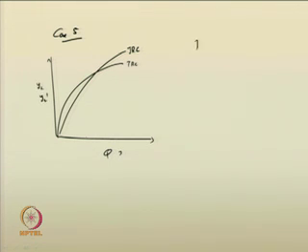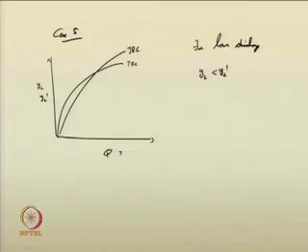In this case, for lower discharge you have y2 less than y2 dash. For higher discharges, you have y2 greater than y2 dash. So, you can know where the submerged jumps can occur or where they can be used.